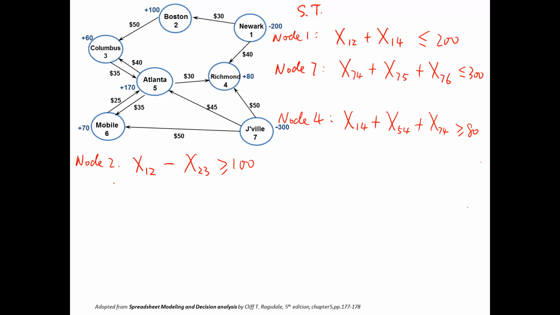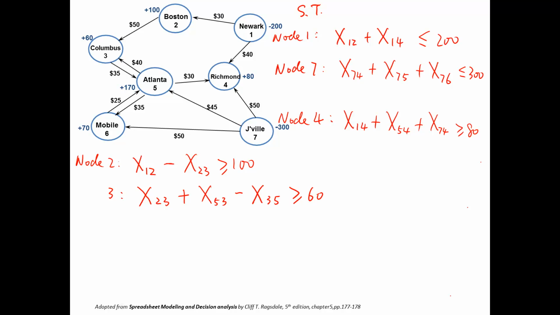Okay, then for node 3, it's the same. What goes in would be x23, there is another inflow, plus x53, subtract what goes out, okay, need to be greater than or equal to the demand here.